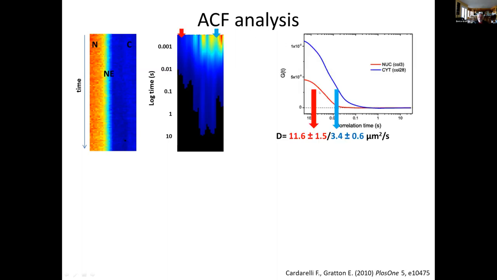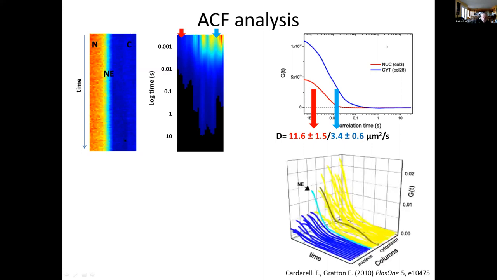If we measure the time it takes from red to blue, we find that, for example, in column 3 the time is 11 nanoseconds, but to get to column 28, which is from here to here, it takes much longer, as you can see from the correlation function.